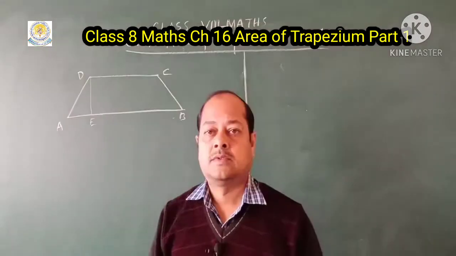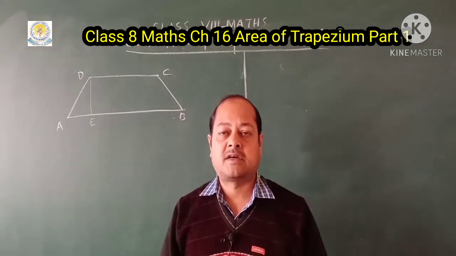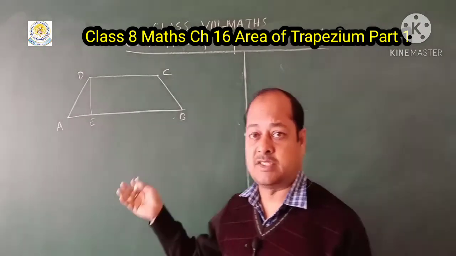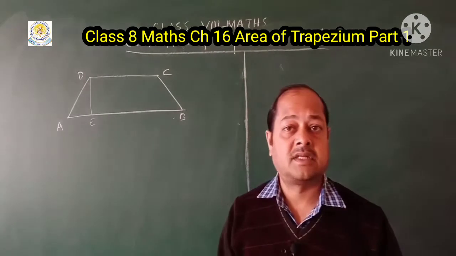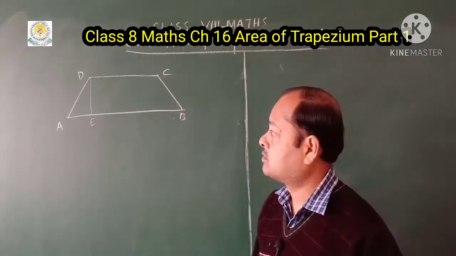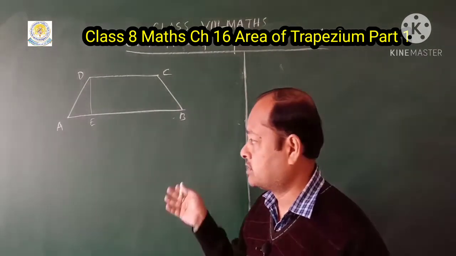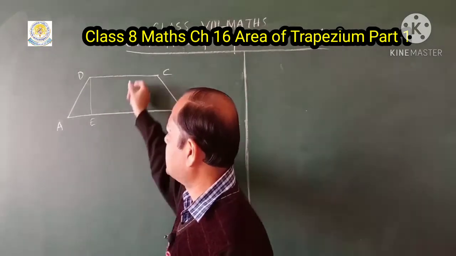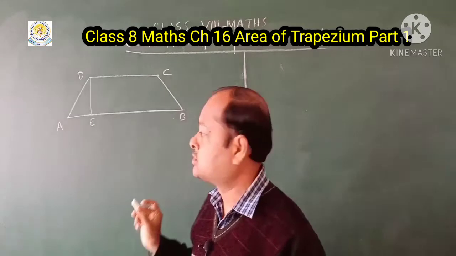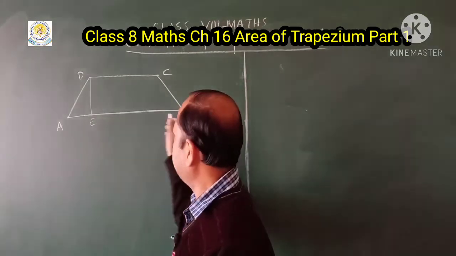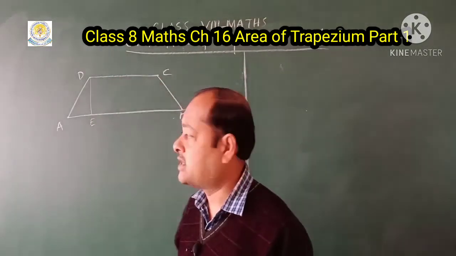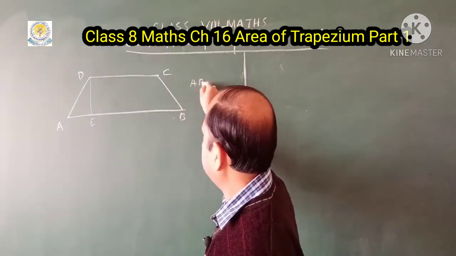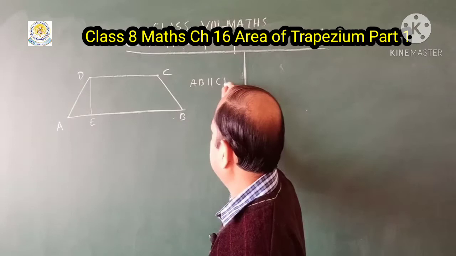After discussing the basic concepts of some of the plane figures, our next plane figure is a trapezium. That is our topic of discussion in this chapter. First of all, I am going to introduce what a trapezium is. In a trapezium, one pair of opposite sides is parallel. Here ABCD is a trapezium, and AB is parallel to CD.